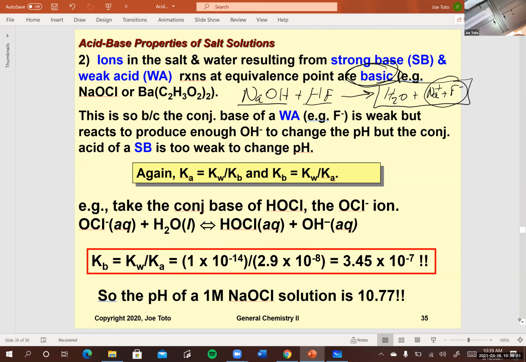And so they're all gone. I don't have any of that left. I have 10 moles of water produced, 10 moles of sodium produced, and 10 moles of F- produced. So that's what I have as a result, no equilibrium yet. And so I say, oh, I recognize that, Na+, that's a spectator. So I can ignore it. Not going to react, not going to change the pH.